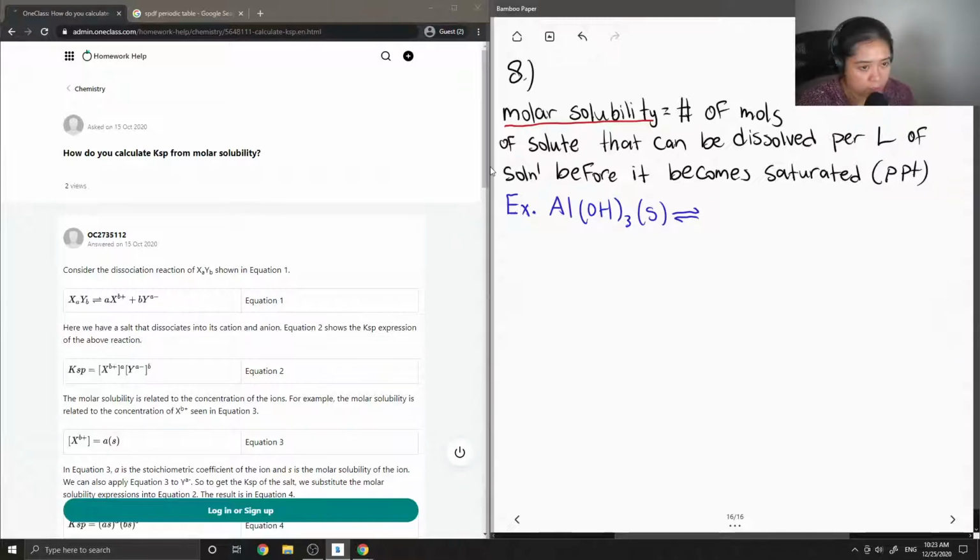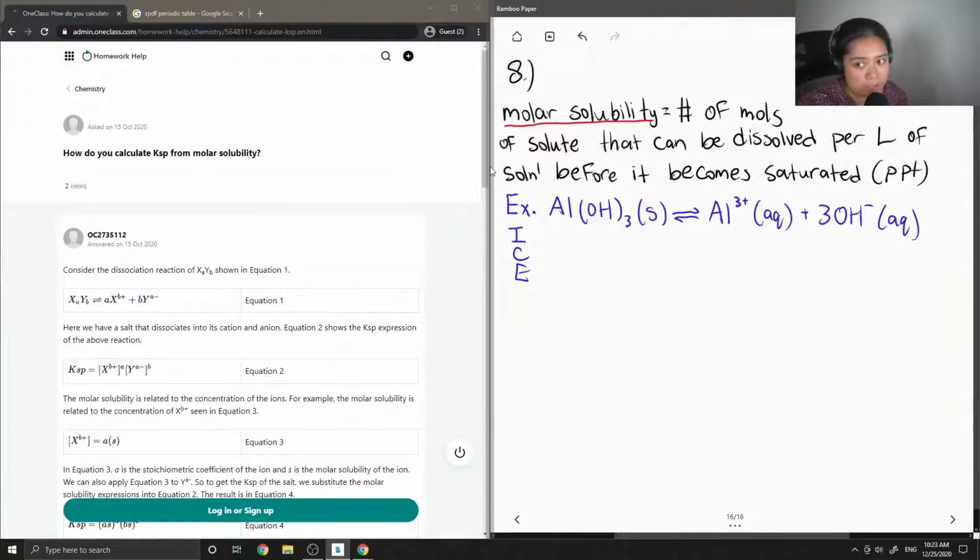In solution, it can be separated into its ions, aluminum 3+, aqueous, plus 3 OH minus hydroxide ions. Okay, so everything is balanced, and now I'm going to construct an ICE table. So initial, the change, and equilibrium.